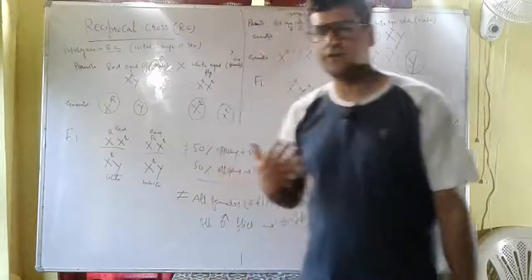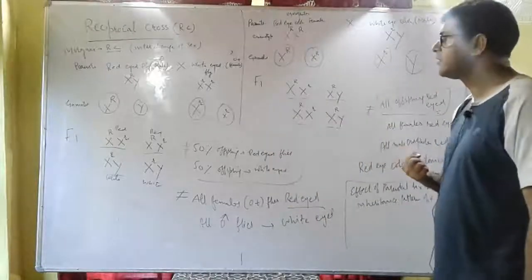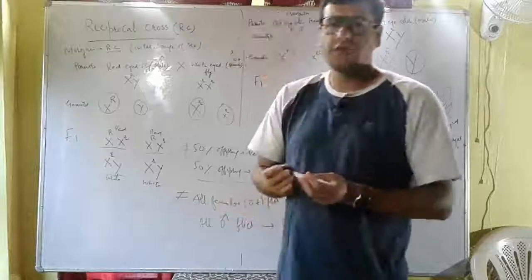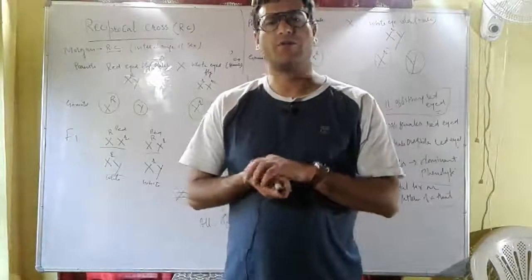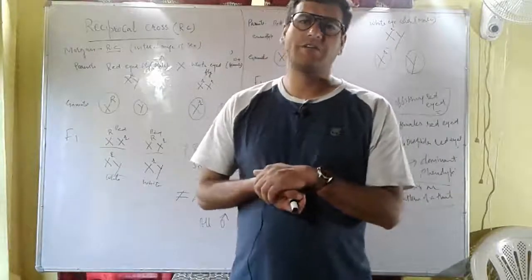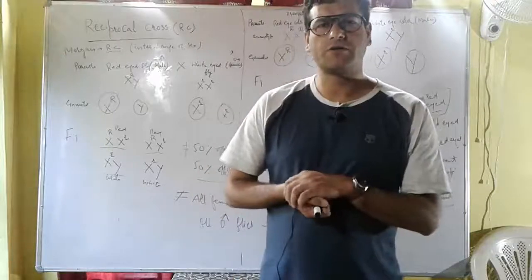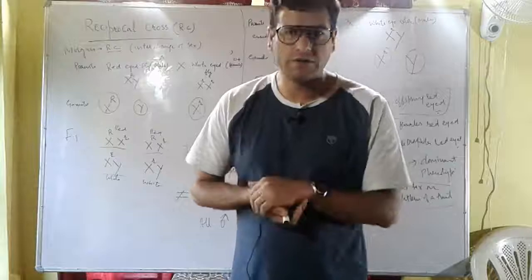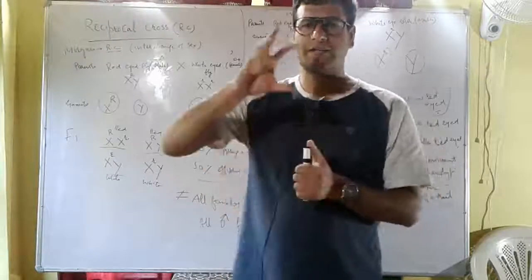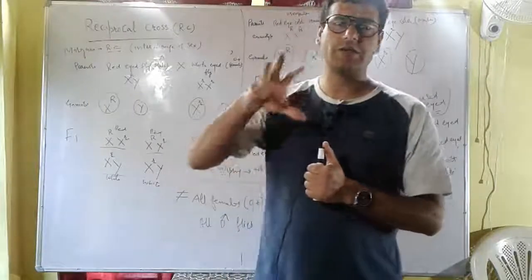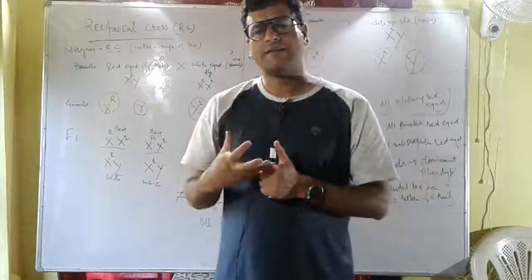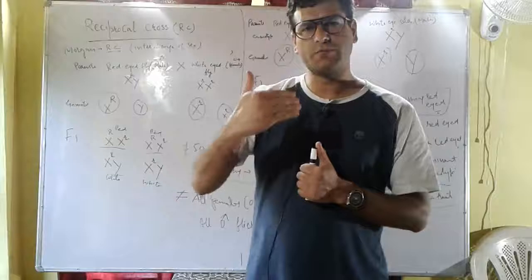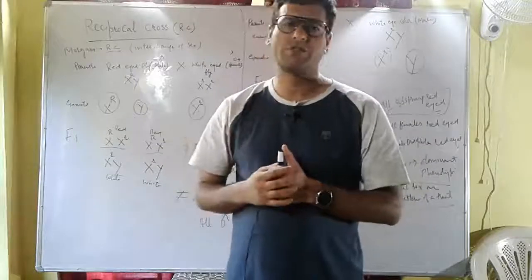This was regarding the purpose of the reciprocal cross. The reciprocal cross is an important cross. It determines whether the trait is sex-linked, located on the X chromosome, or autosomal. If the trait is sex-linked, the result of the reciprocal cross is different from that of the original cross.